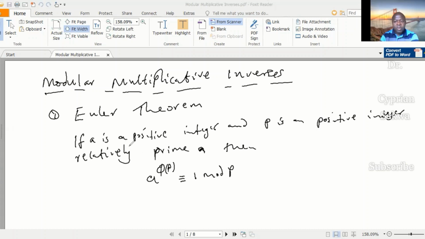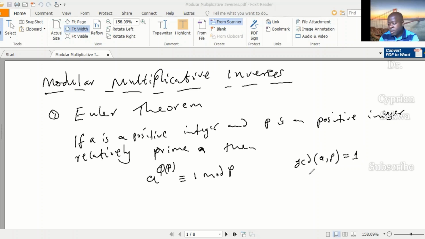Now it's good to note the conditions here. The condition here is that a must be a positive integer, and that p must be another positive integer which is relatively prime to a. What the word relatively prime means here is that the GCD of a and p must be 1.